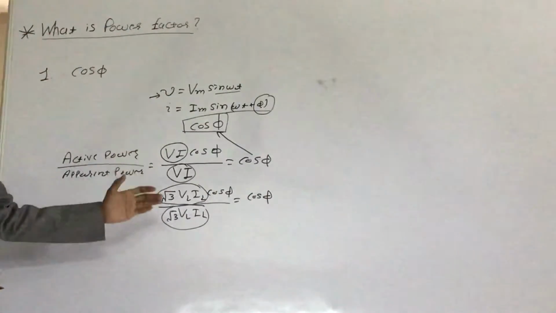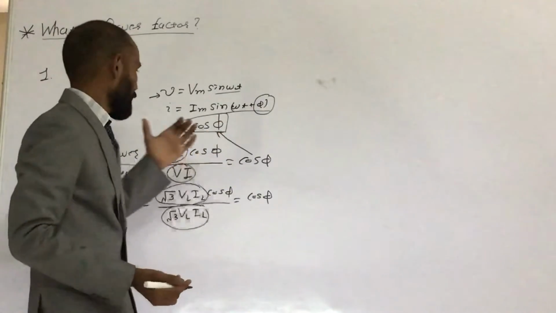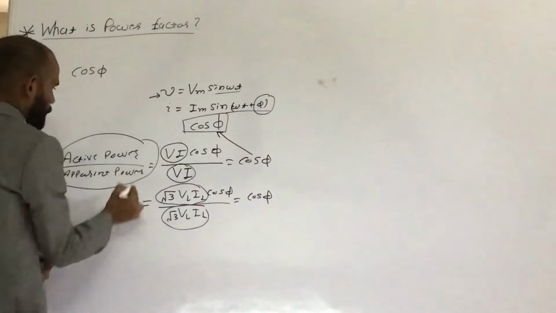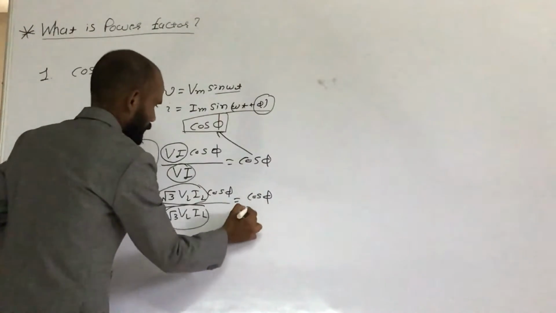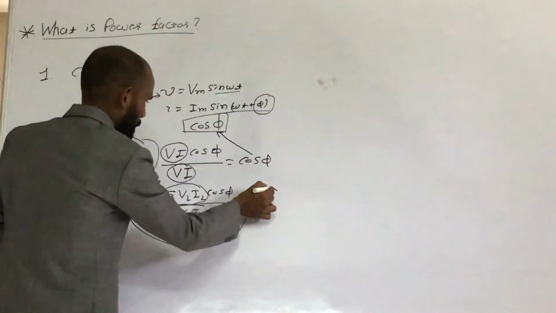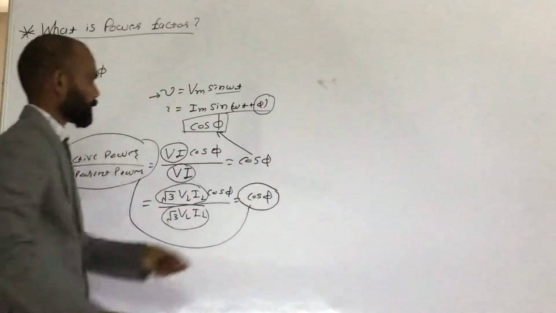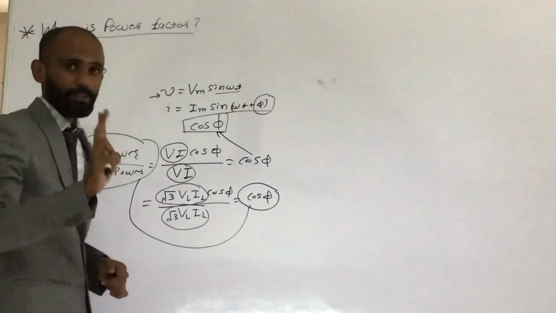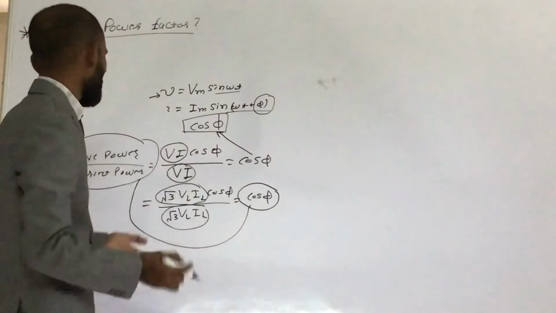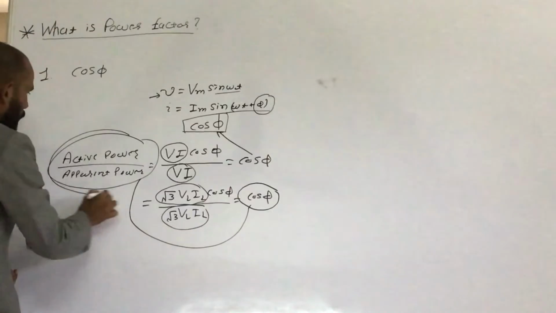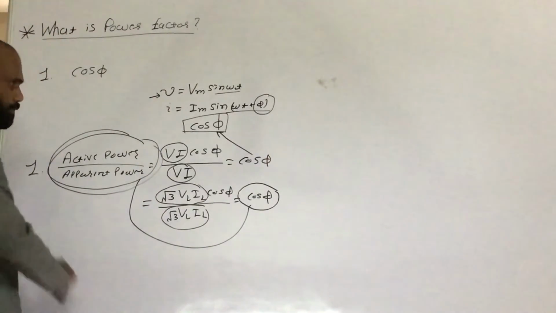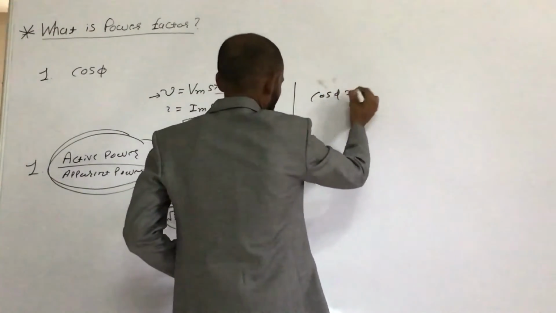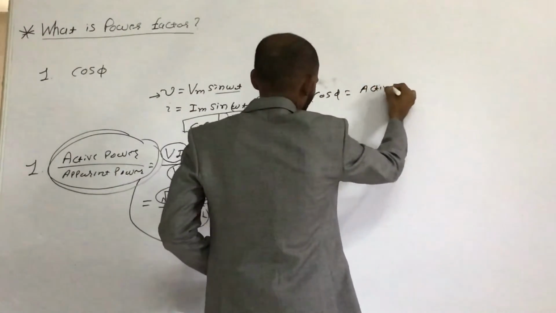So in both single phase and three phase AC systems, the ratio of active power to apparent power is equal to cos phi, and this cos phi is nothing but the power factor. So this gives us the second definition of power factor: power factor is the ratio of active power to apparent power.